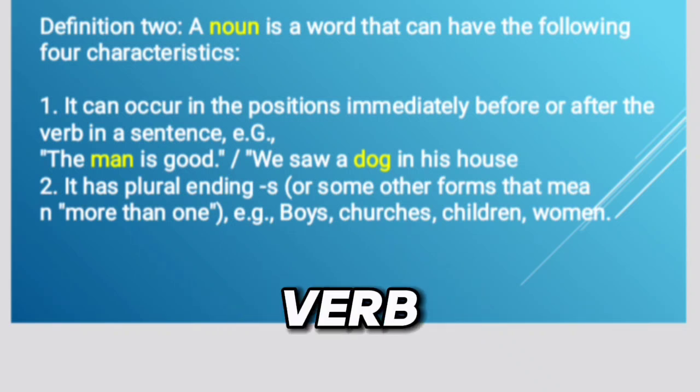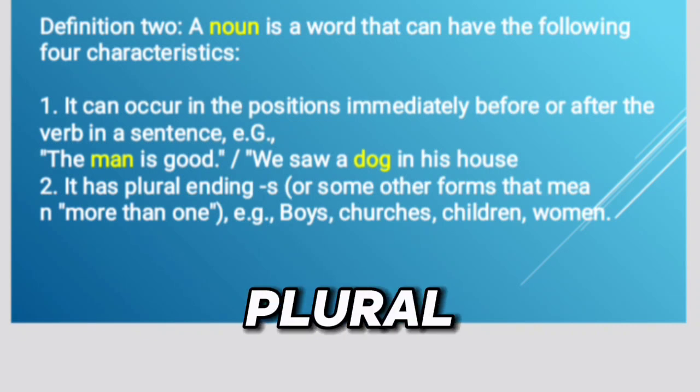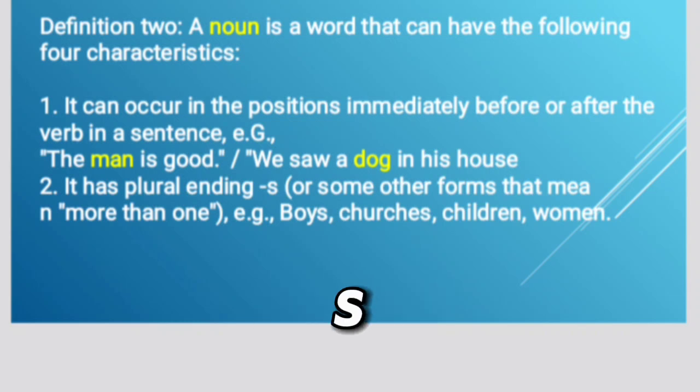That's for verbs. While for nouns, we use es, ies, or just s for plural forms. So when you see a word that forms the plural by adding either ies, es, or s, you know that that word is a noun.